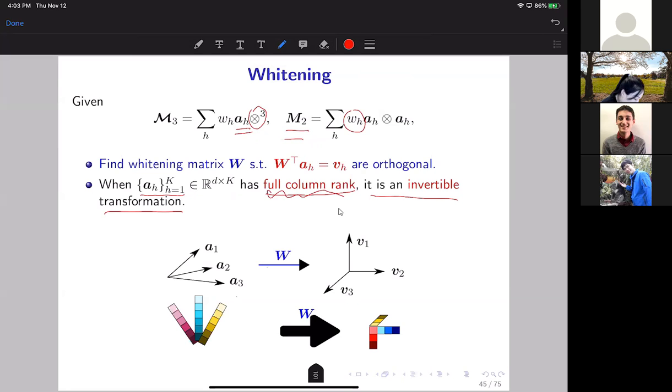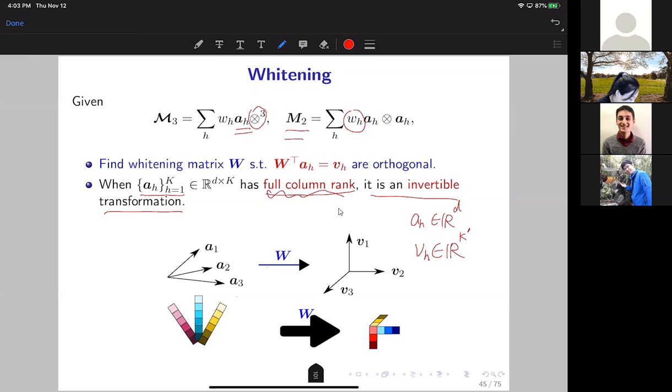So for example, let's say your A_h is in R^D, which is what we've been using. This is the dimension of the data, so A_h is a length D vector. But now the V_h, usually I would say, is in R^K', something like K prime.